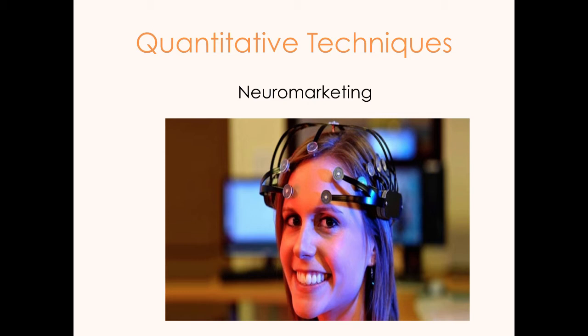Again, it is still early days in terms of the development of this field, but researchers who do neuromarketing will tell you that it is possible to elicit very different kinds of responses in the brain, and often these are quite different from what people are verbally telling you about what they think about products. So again, it reminds us that there's a lot going on beneath the surface. There's a lot of feelings that people have about brands that they can't necessarily articulate, or at least they're not willing to articulate.